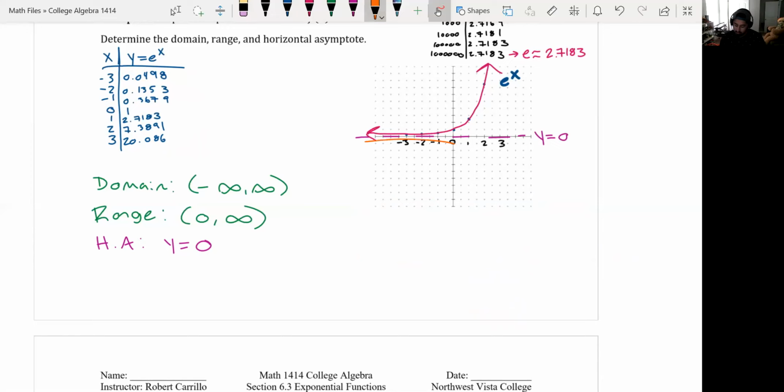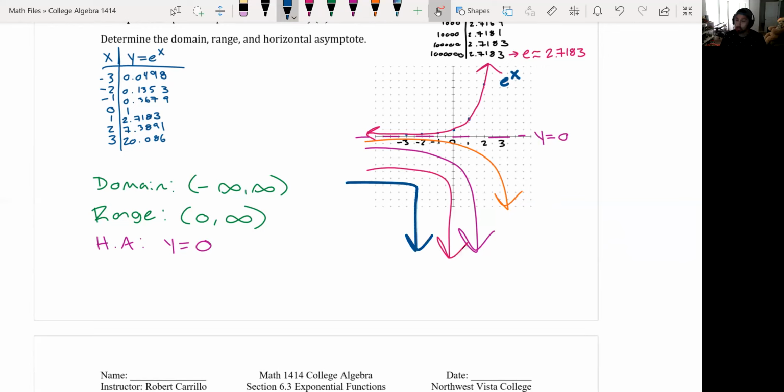First you would reflect it, and then you would stretch it, which means that it would probably look like this stretched. And then you would shift it down, which means it would probably go there. And then you would shift it to the left by 1 unit, which means you'd probably have, well, curvier, of course, but something that looks like that. And there you go.